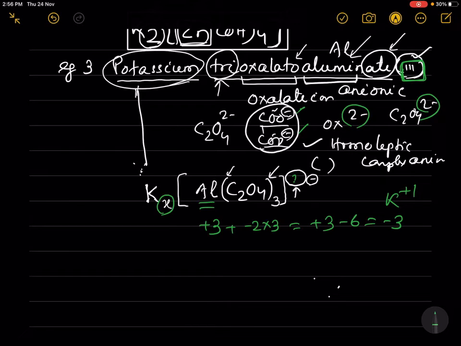And -3 is written as 3 minus. When it is 3 minus, the charge on the cation must be 3 plus. You see, this is written as Kx[Al(C2O4)3] with 3 minus, over it 3 plus.